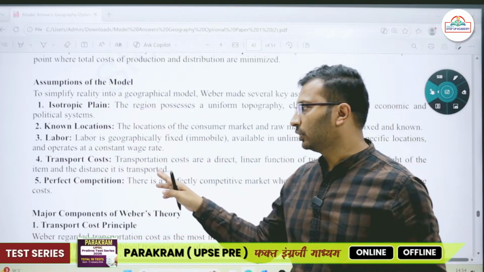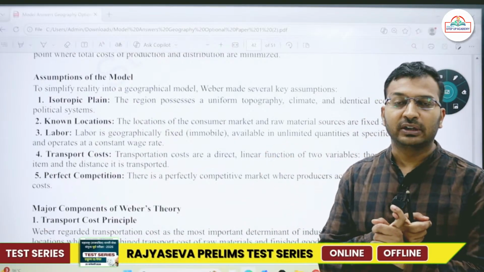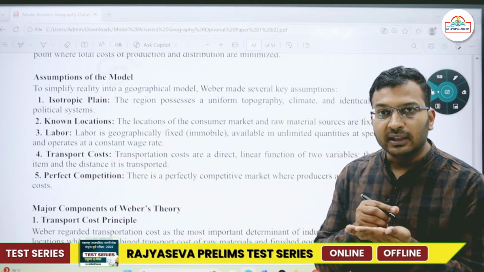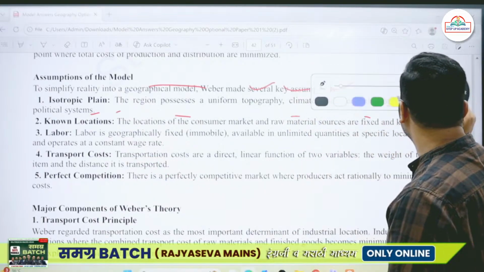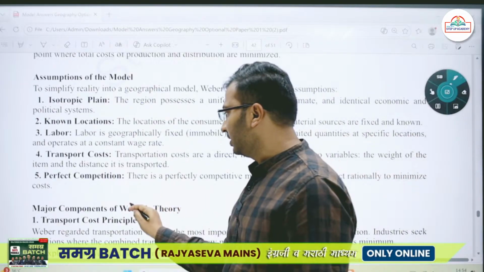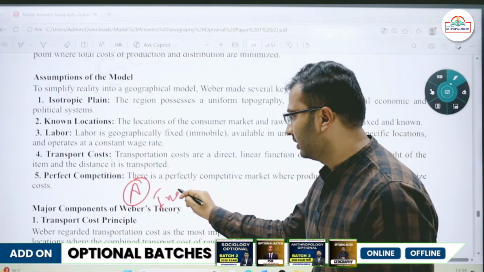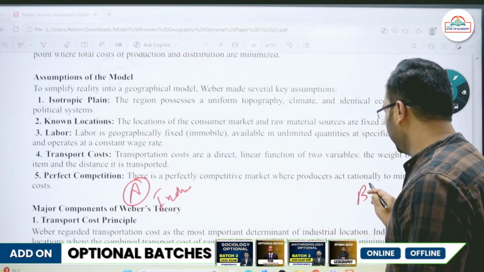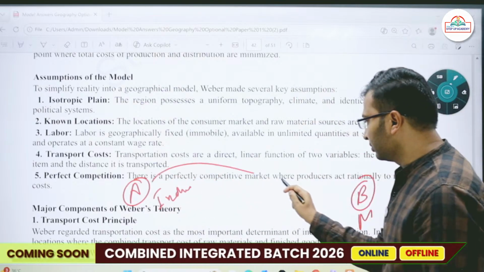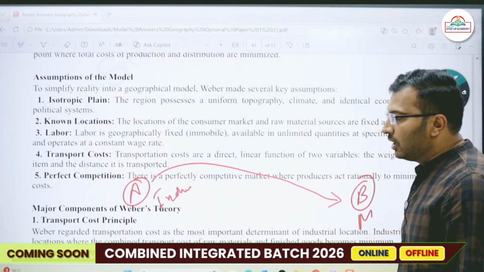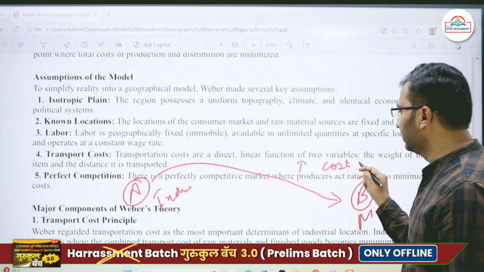Then the transportation costs are direct and linear. So he said that with the increase in the distance from any industrial location, let's say the industry is located at place A, and there is a market at place B, and you want to send your goods from A to B, with increase in distance, the cost will increase.